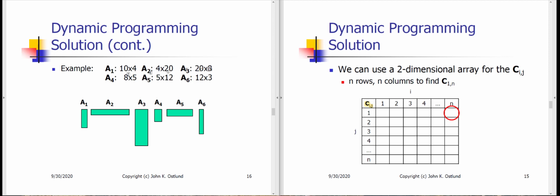So in each case, the matrix has the same number of columns as the following matrix has rows. And when we're all done, we're going to end up with a 10 by 3 matrix as the product.